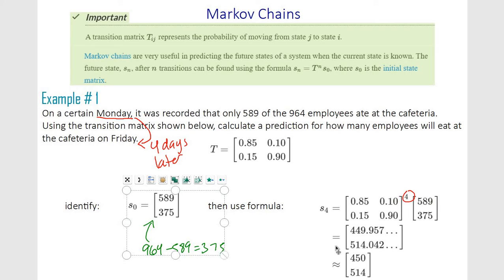Those red go together. So this is your transition matrix to the fourth power. You multiply it by your starting matrix, essentially, and then you get your rounded answer. Because you're dealing with employees, you're trying to predict how many employees, you're going to use a whole number.